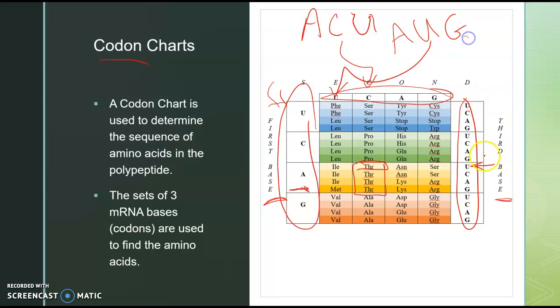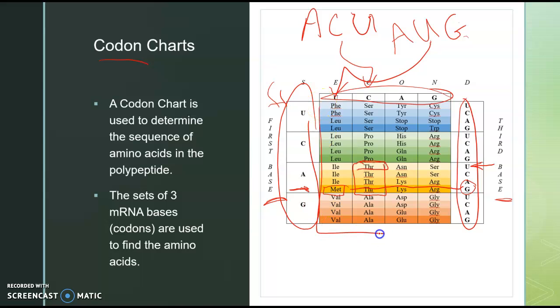And then G is right there, so it's going to be MET. All the others in this box are ILE. MET is the odd one out. And we know it's MET because it lines up with G. That's how you find the amino acid that goes with your codon.